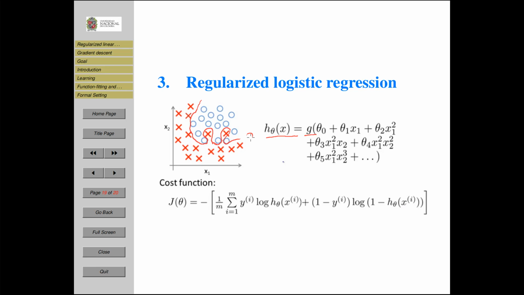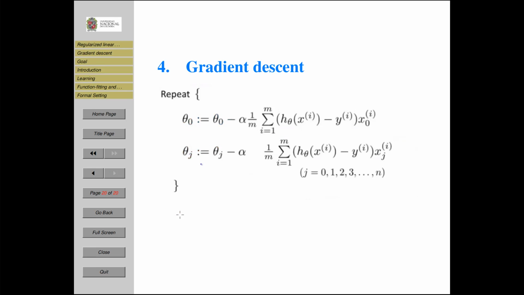This is our cost function for logistic regression. If we want to modify it to use regularization, just like for linear regression, we add the term lambda over m times theta j squared, for the parameters theta j going from 1 to n.